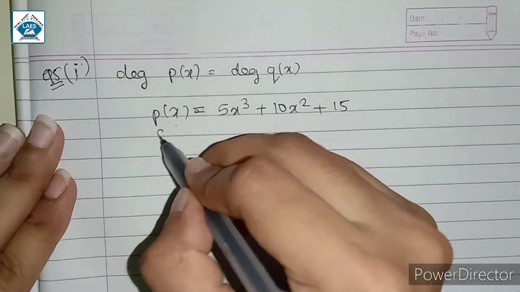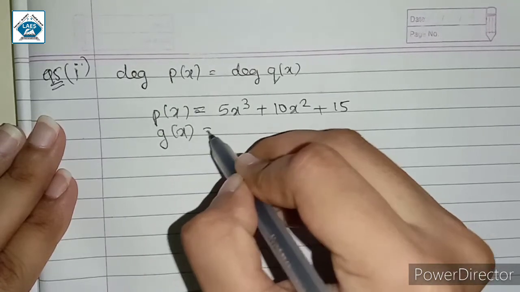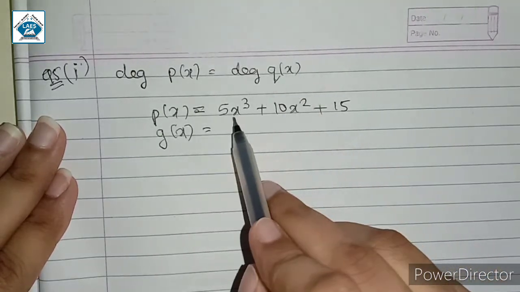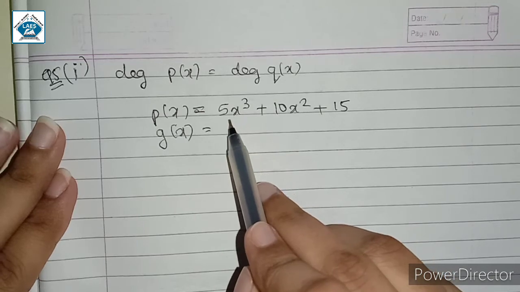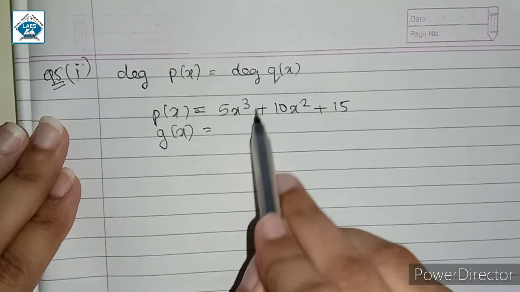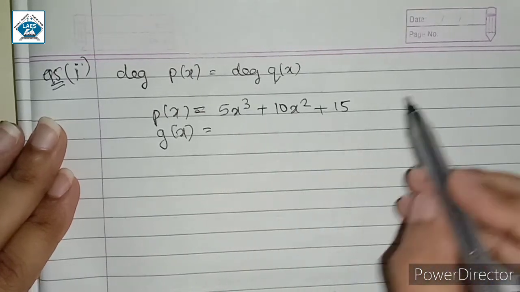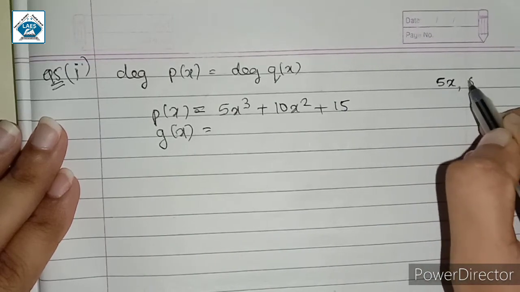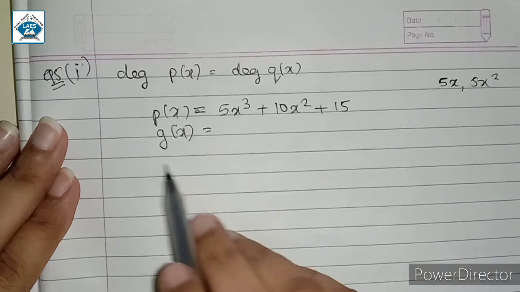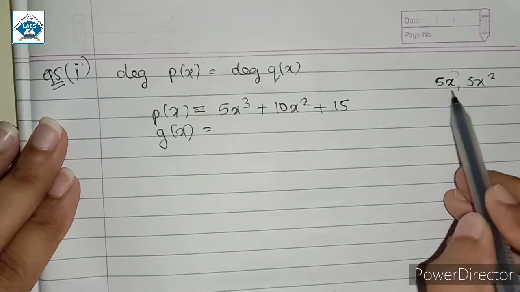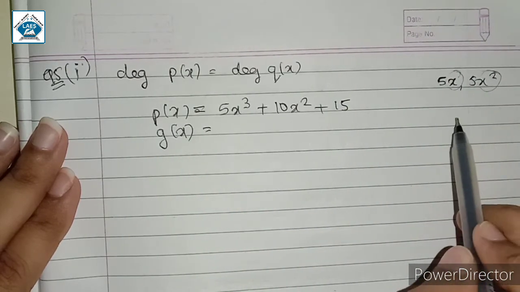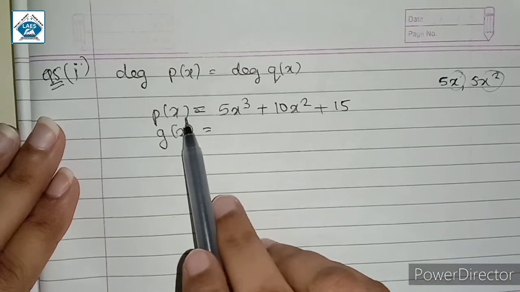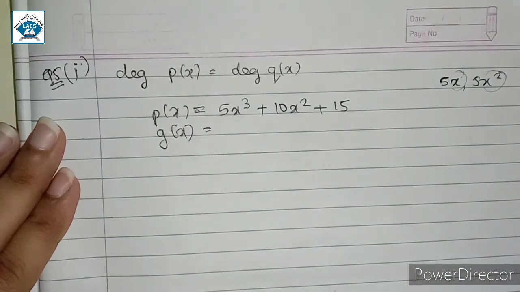So we have to take the divisor accordingly, so that the quotient should have the same degree as p(x). That means quotient should also have x cube in it. Now if we take g(x) with 5x or 5x square, that means if we take g(x) with any term having any variable of any degree, then the degree of quotient will not be equal to degree of p(x).